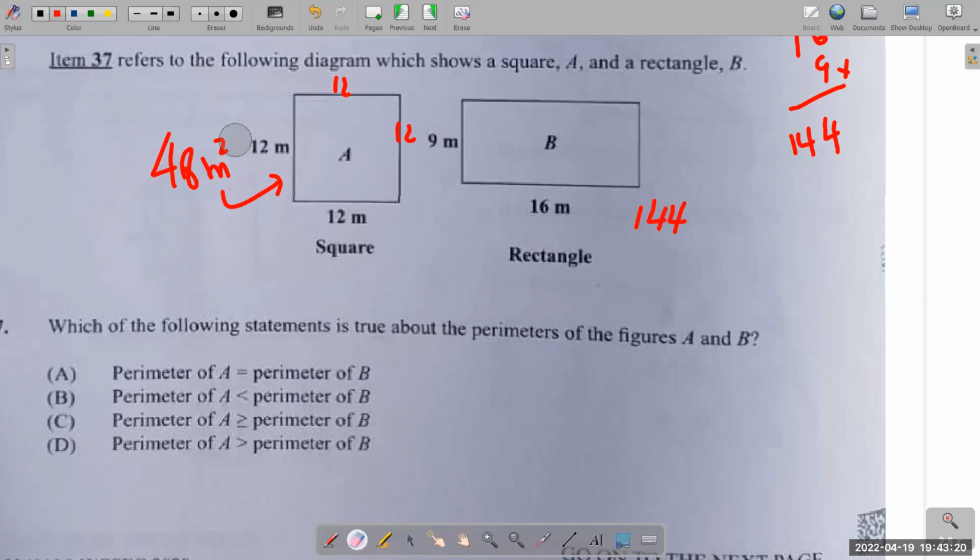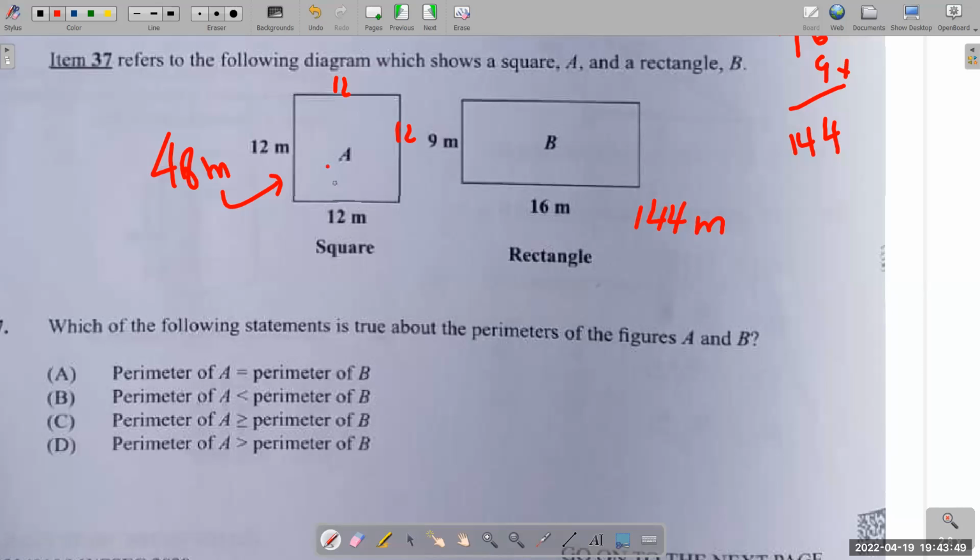This should never have meter square because it's perimeter. It's just meter. So yeah, let's go. What's the answer? The answer must be B. Right or wrong? The perimeter of A is obviously less than the perimeter of B. Now here's the joke.